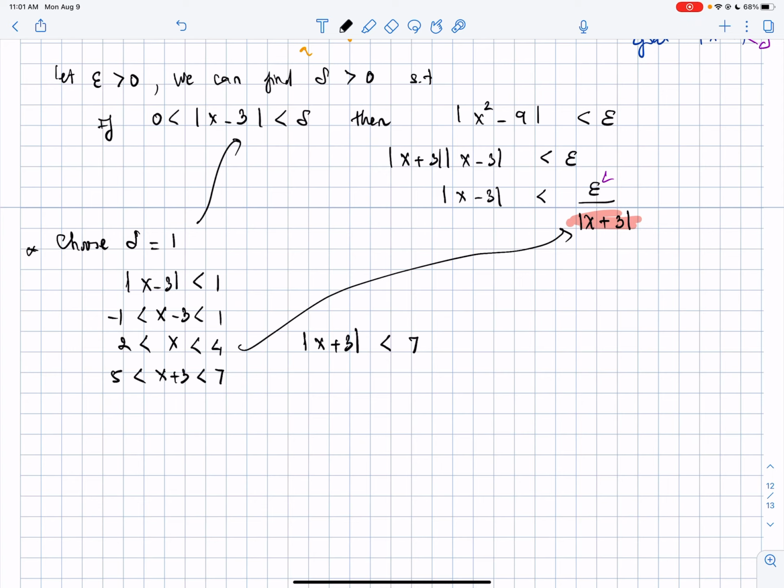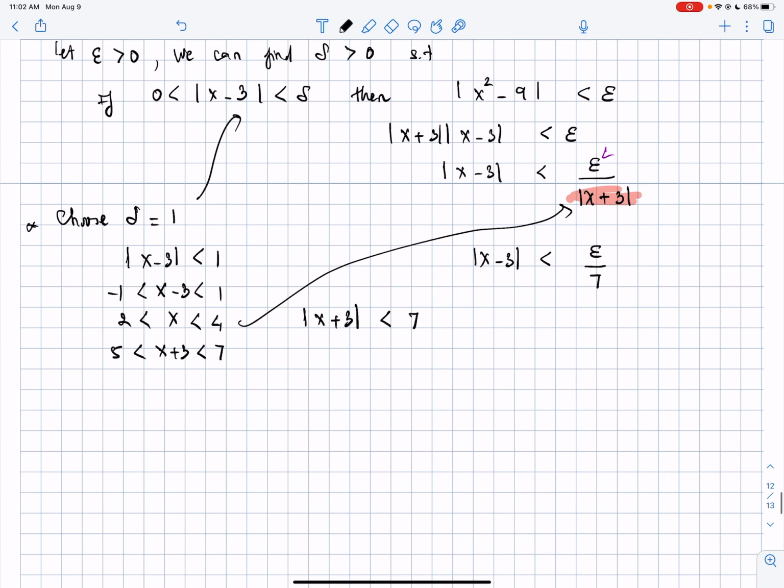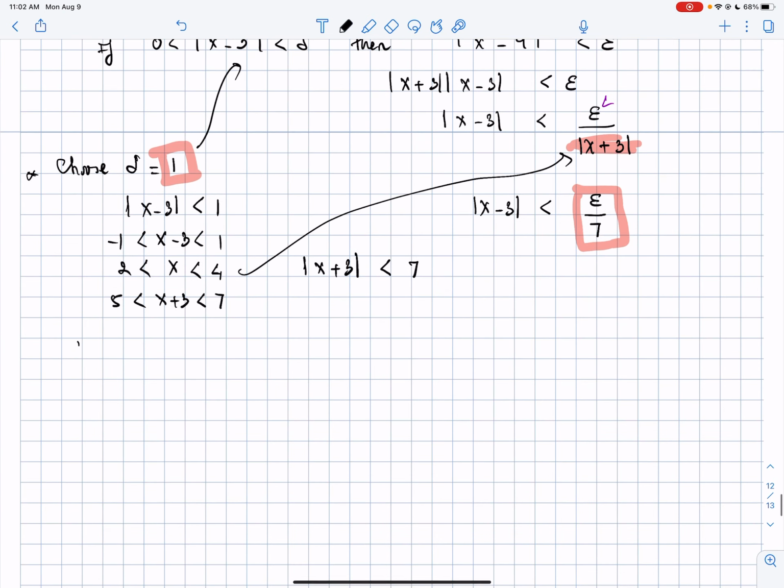Then it's reasonable that we have x minus 3 less than epsilon divided by 7. So we would choose x plus 3 to be 7. Okay, then we will choose delta to be epsilon divided by 7. So the problem in this case is that we have 2 deltas. So in step number 2, given that epsilon is greater than 0, we will choose delta to be the minimum.